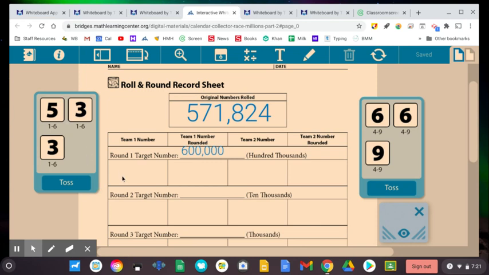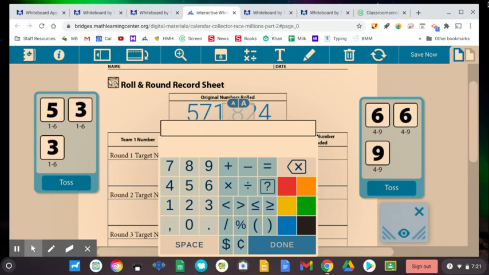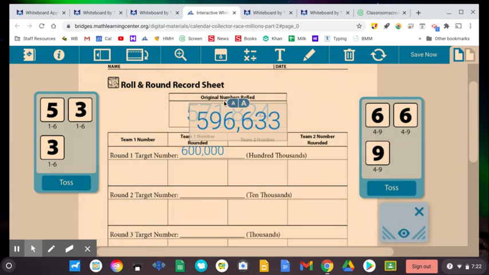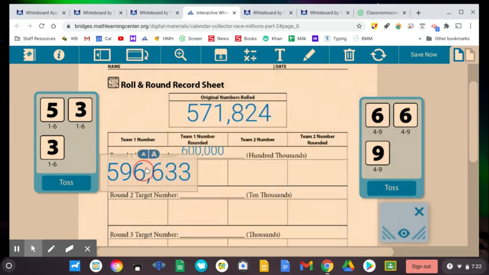So it looks like we have a lot of options. We could create a number that looks like this, where it would be 596,633. So there's our number. Let's make it smaller so it fits.